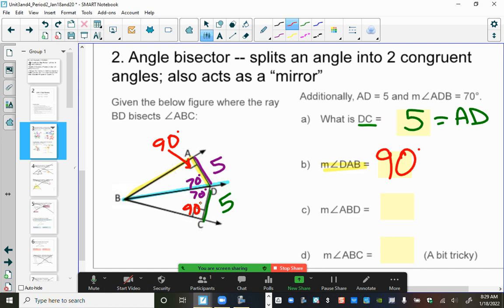And again, here's where the highlighters are going to come into play. Notice how I switched the letters from DAB to ABD. Even though I have the same letters, are these the same angles? Is angle DAB the same as ABD? Yeah or no?